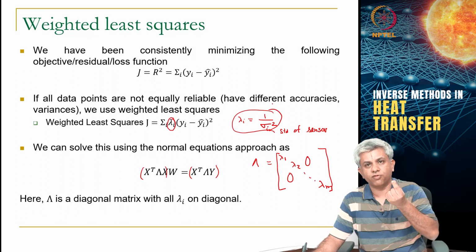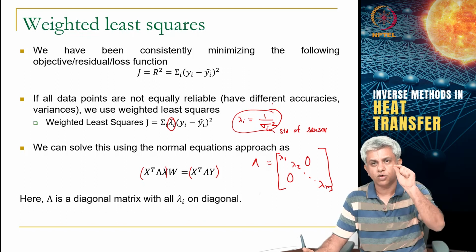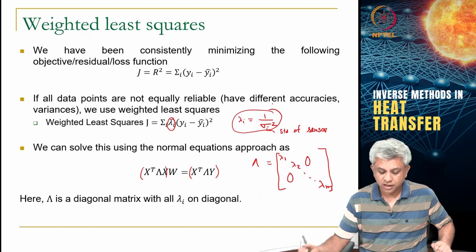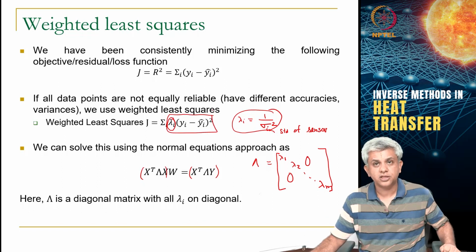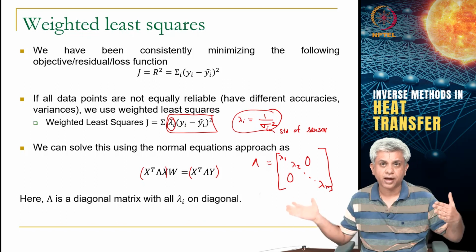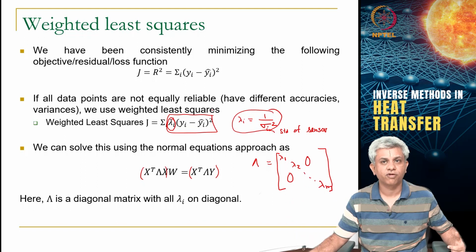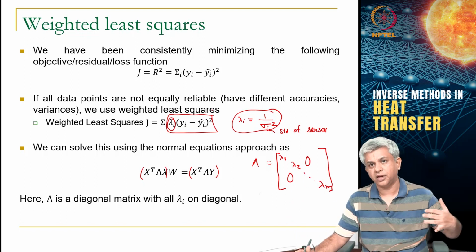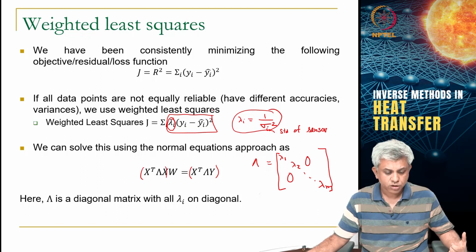So, if sigma is very low, it means it is very highly accurate, low variance, like it always gives you very pinpoint results, then it means that such results should be weighted highly. I in fact showed you an example this week of what happens when you weight a sensor highly. The line sort of biases itself towards it, okay. And the line will bias itself away from a sensor that is not so accurate. So, that is what we did.